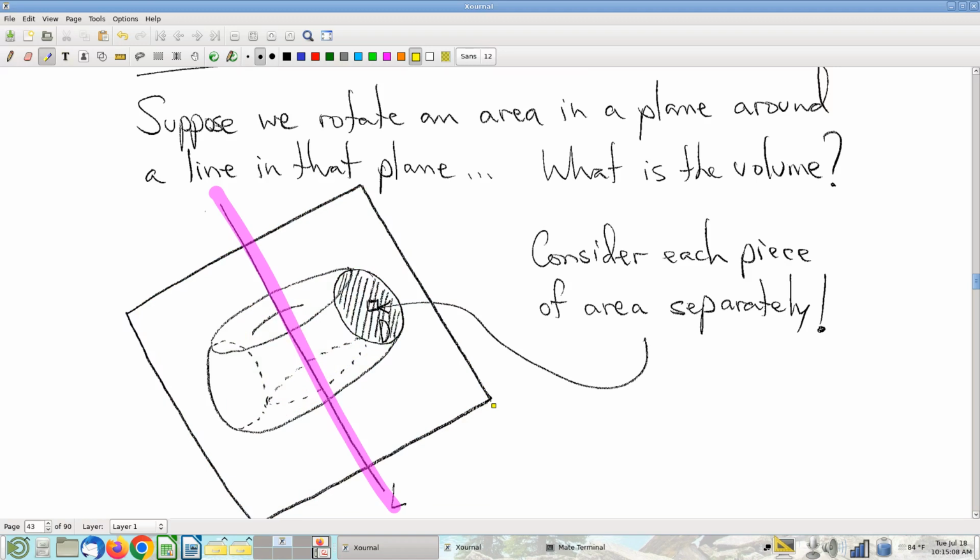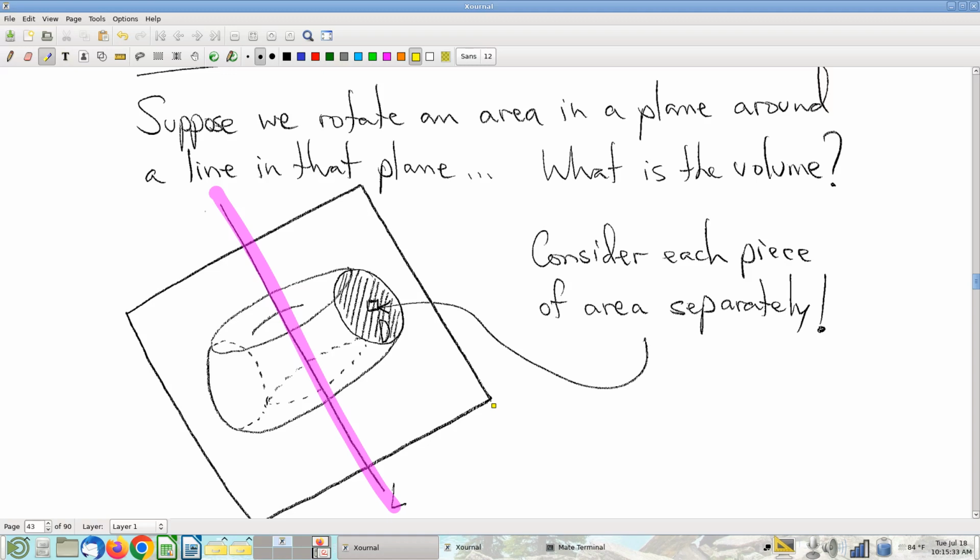I want the argument that we're going to make here to be a general argument. I don't want it to apply exclusively to rotating around the x-axis or exclusively the y-axis, or in fact, it doesn't even have to be an axis at all. So I'm going to draw it at a weird angle, and that's going to make the algebra that we're about to write down look a little unrelatable.